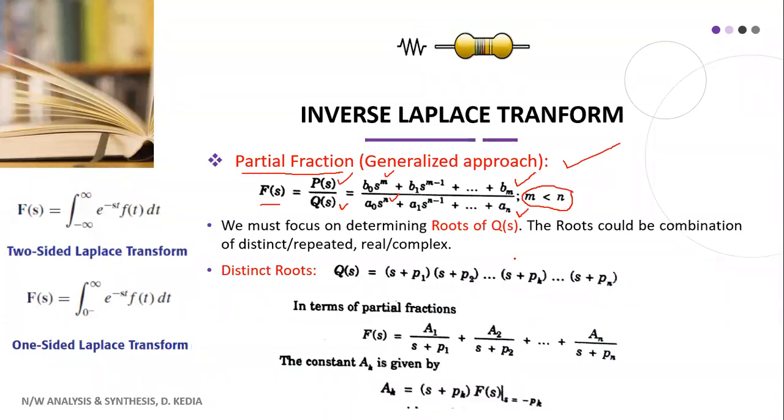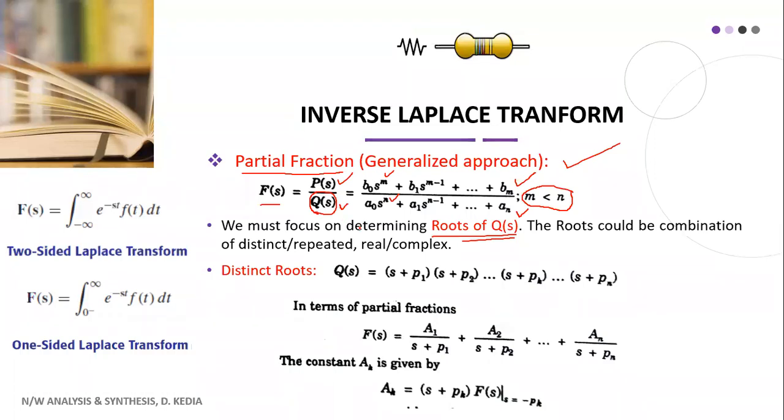Now our first job for partial fraction is to determine the roots of Q(s), meaning the roots of the denominator. As I told you in the previous slide, those are known as poles.